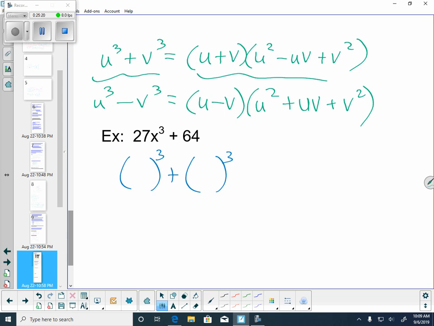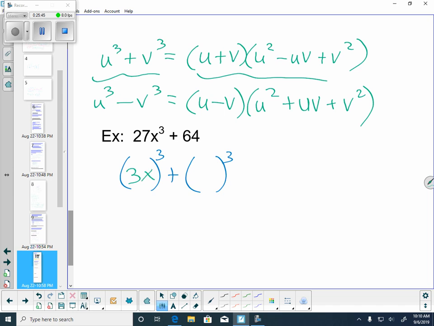A little help, Mariana. What do I need to cube to get 27x? 3. 3 cubed will get me 27, but I want 27x cubed. 3x. Do people agree with that?